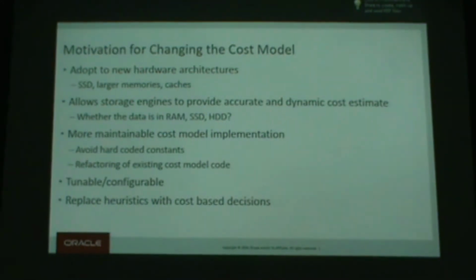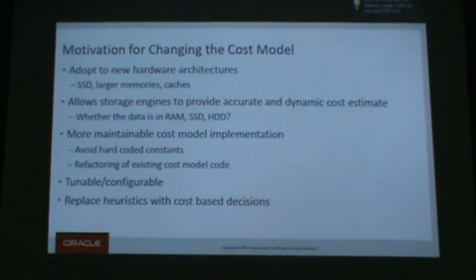What we had earlier was that every cost was with respect to reading a random page from the disk. This was okay maybe a decade or two decades back, but it's no longer okay because you have new hardware, and you have the kind of data where you can store the entire data in memory. So you need to know whether the data is in memory.